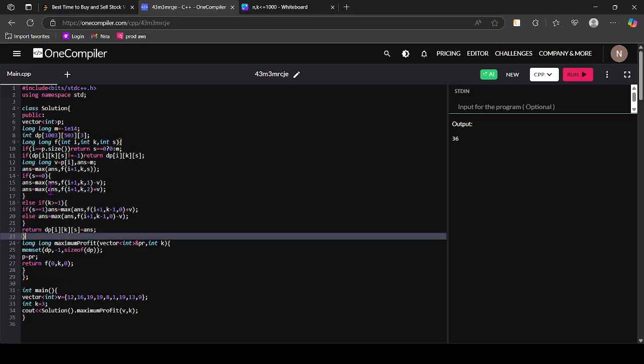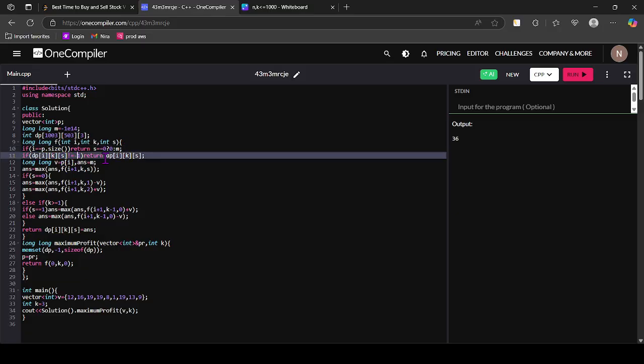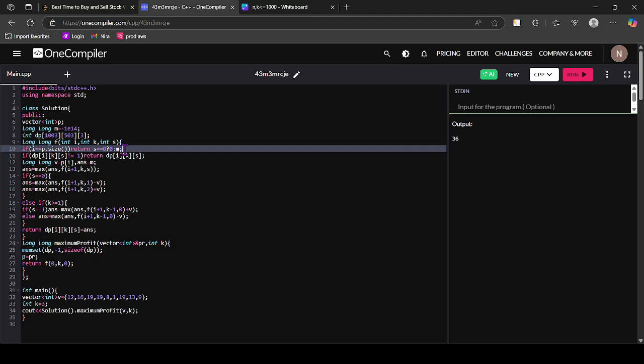So let's check this. If I is equal to p dot size, it means that we have reached the final index. So if s is equal to 0, so if status is nothing, then return 0, else just m value. And now if dp of I, K, S not equal to -1, sorry, what is m? I did not discuss before. So let's say we did not complete a transaction.